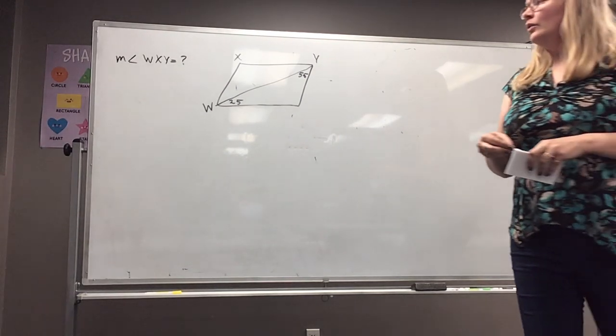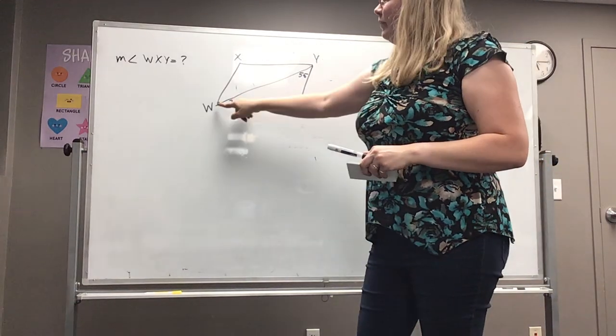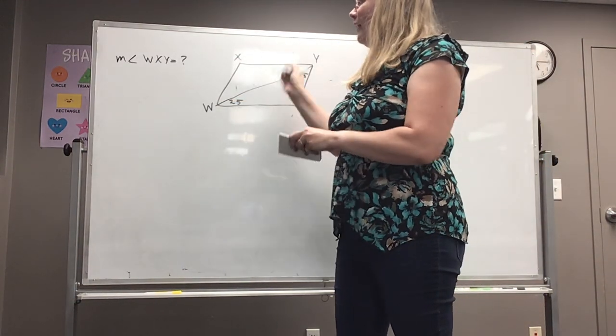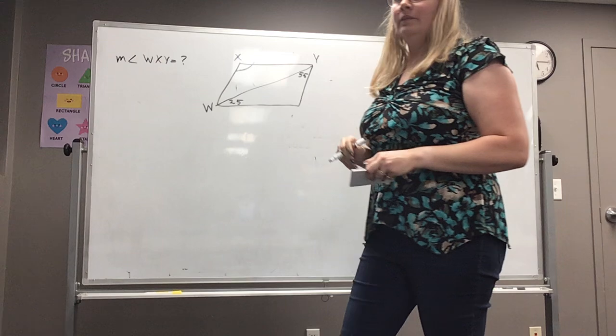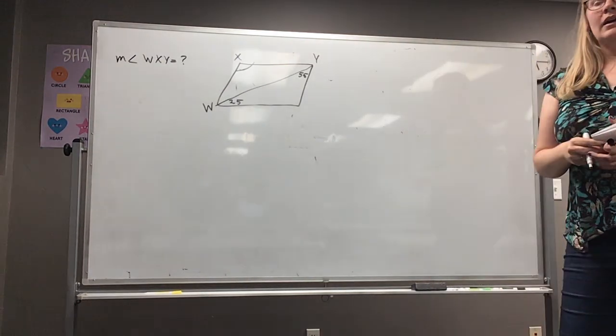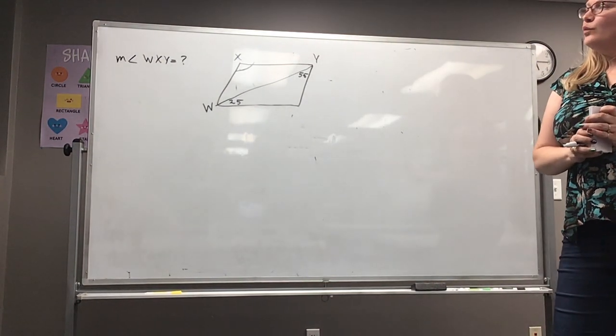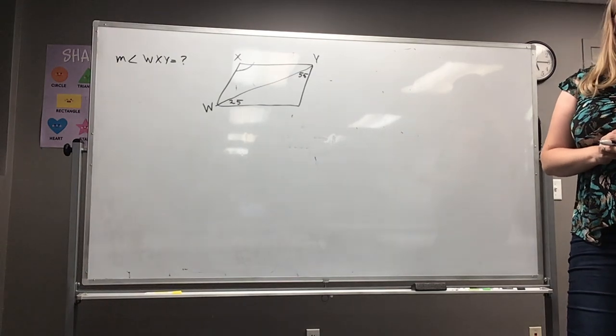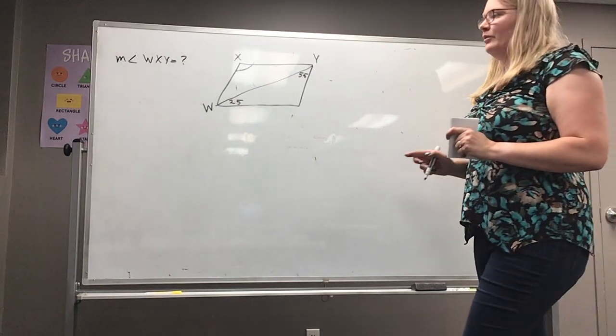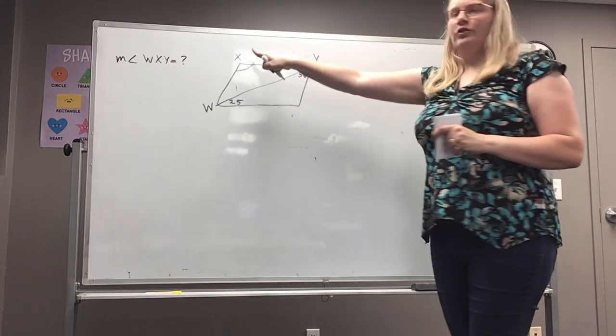100. So remember that WXY, tracing the angle, we're talking about this angle right here. The faster version is to remember in parallelograms that opposite angles are congruent.